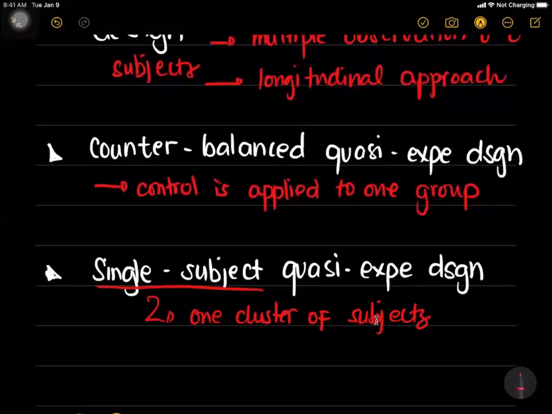And then you find out the effects of the treatment on the entire class. So that's what you do under your single subject quasi experimental design. I would probably assume that in your single subject design you do not have another control group, because you only apply it to one cluster of subjects.